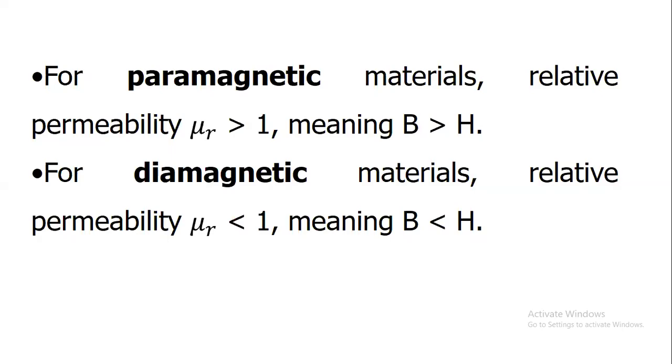And in the case of diamagnetic materials, relative permeability mu r is less than 1. That is, the induced magnetic field is less than the applied magnetic field.